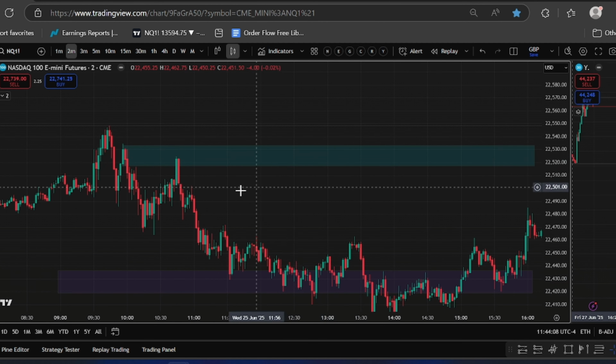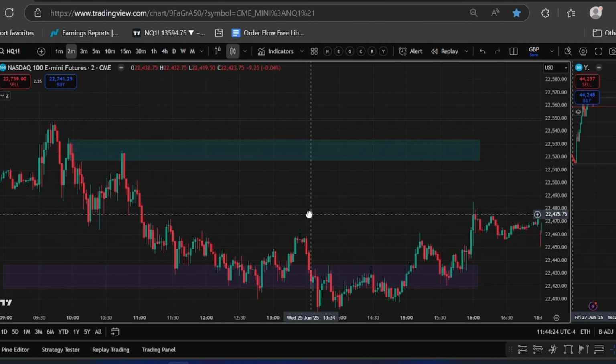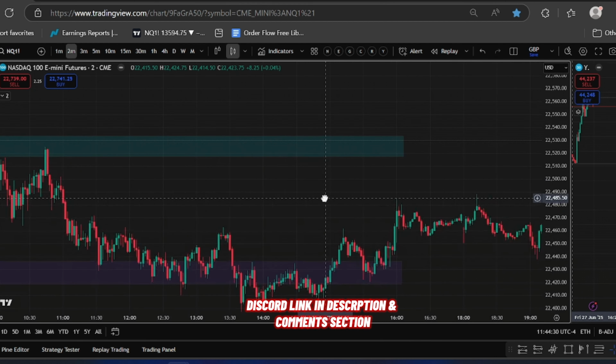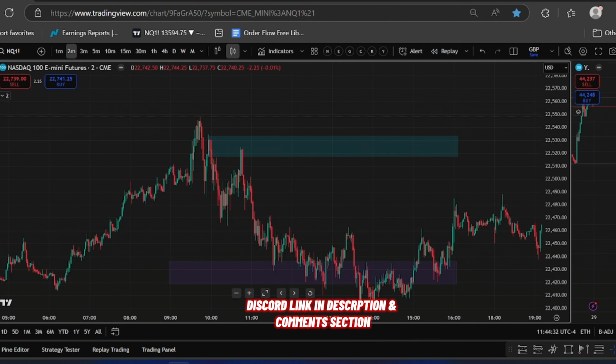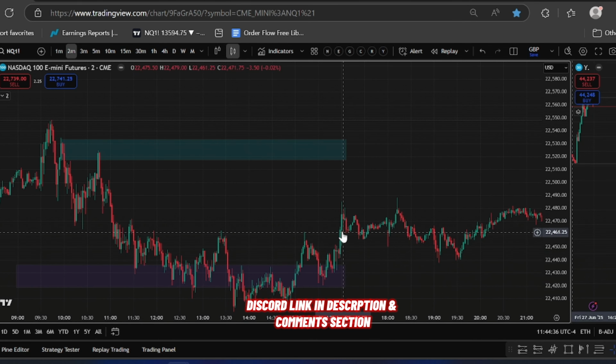But what I have found is that a lot of times when both the zones are far away from each other and a rejection happens from one of the zones towards the other, the price generally reaches the other zone. I just want solid data to confirm this, probably a year of data, but I've seen this happen.